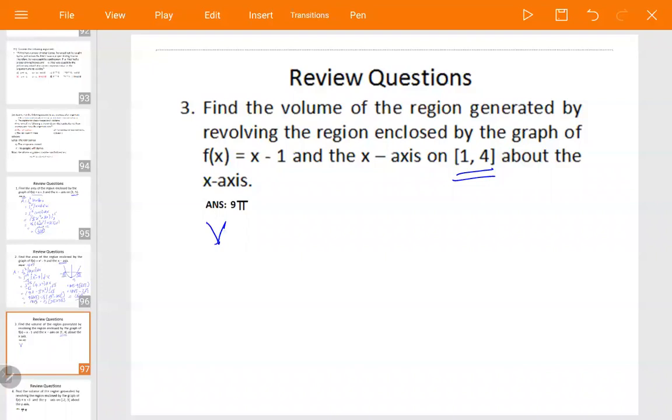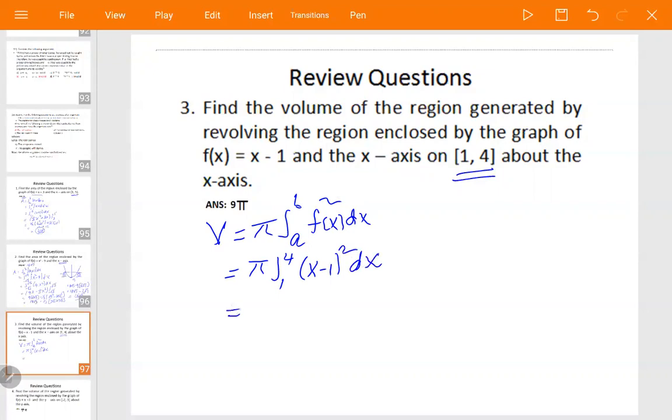As you remember, volume of revolution about the x-axis is given by the formula pi times the integral from a to b of f of x squared dx. So our a and b are 1 and 4, integral from 1 to 4 of f of x squared, that is x minus 1 squared dx.